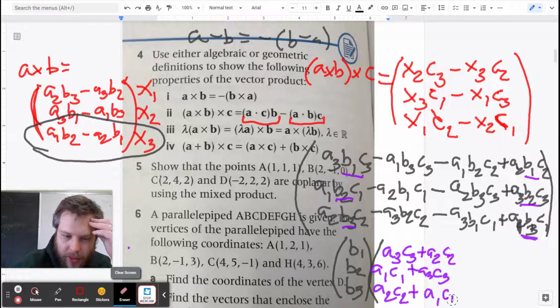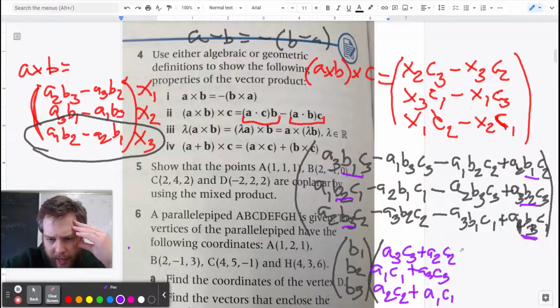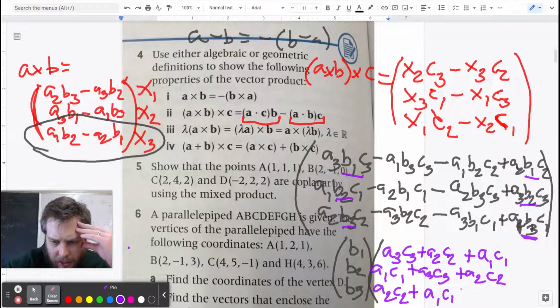So I'm going to do a little bit of wishful thinking, and I think this will work out. I would like to add in the missing component, A1C1. Now I've completed that dot product. A2C2, I've completed that dot product. A3C3, I've completed that dot product.